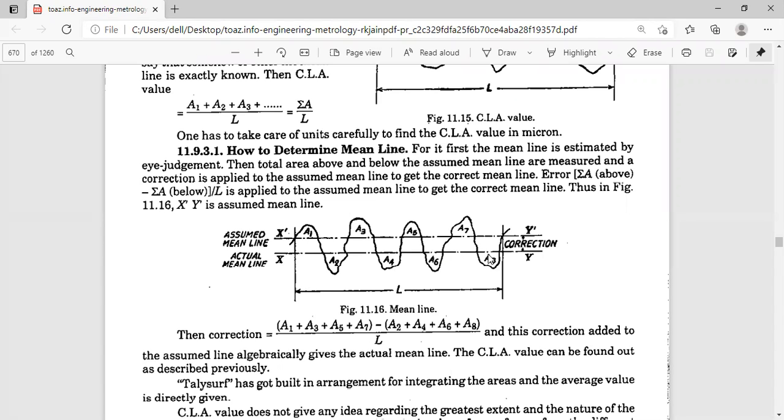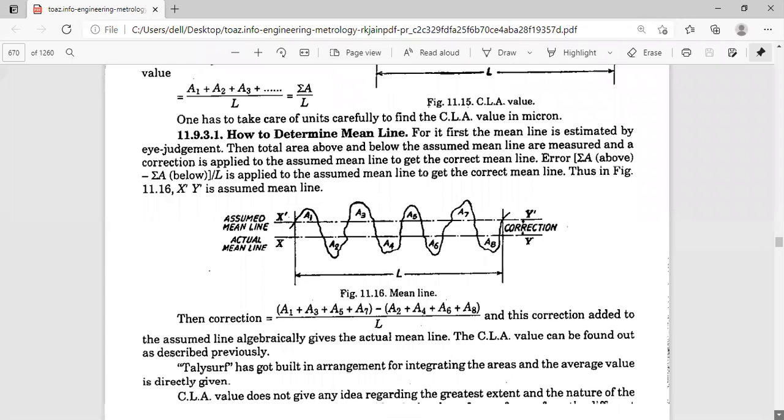That is the correction you have to apply, and you add this correction to the assumed line algebraically. So it will give the actual mean line. Your assumed mean line is this one, y dash, but your actual mean line should be this one, because that is the datum line you take into consideration for calculation of the centerline average.